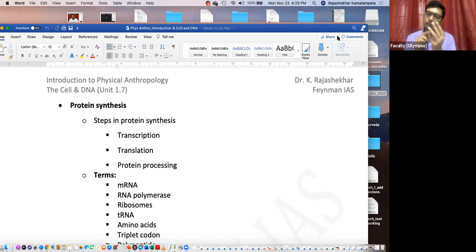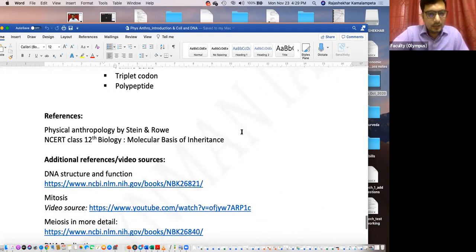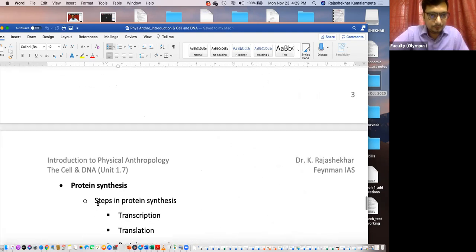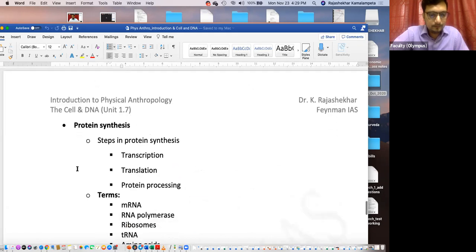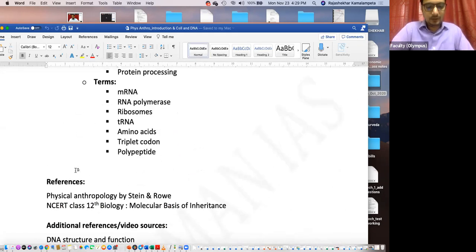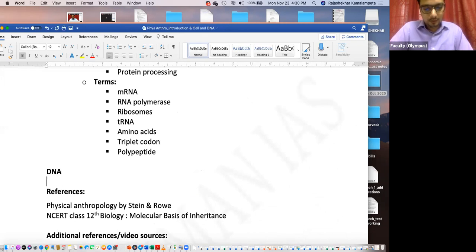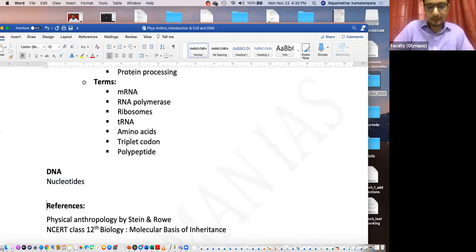They both are made up of nucleotides. They both are made up of ATGCs, except in RNA, instead of... ATGCs are common because DNA contains ATGCs. So if this is DNA we're talking about, which is made up of nucleotides, what nucleotides is it made up of?